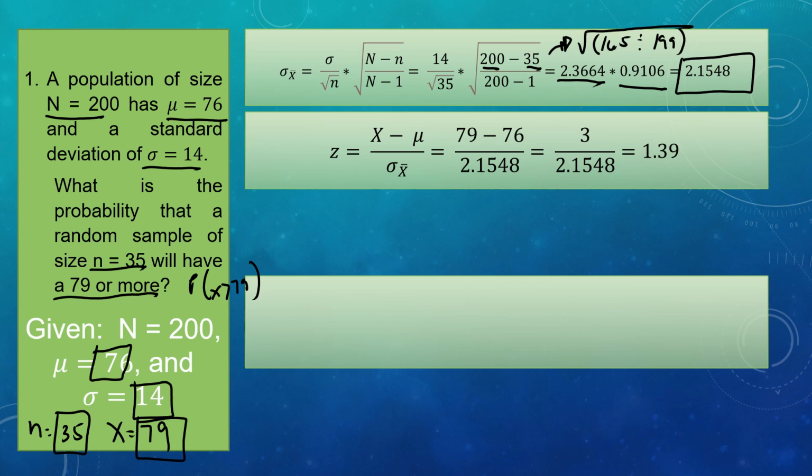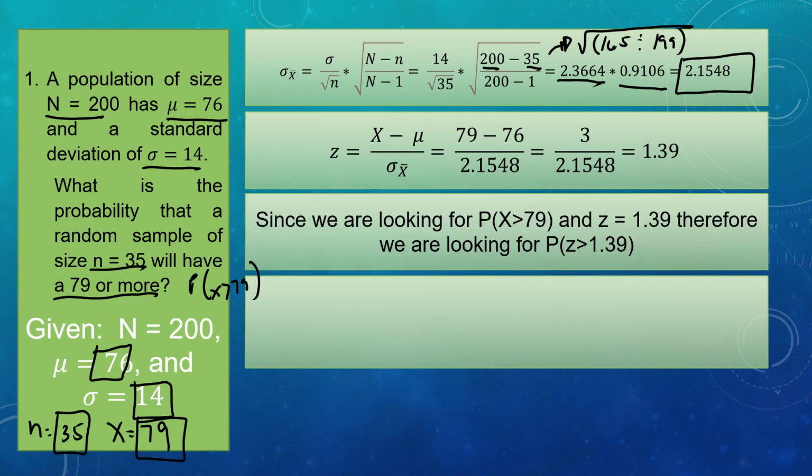Now, 79 minus 76 is 3, divided by 2.1548, and the answer is 1.39. Why is this not in 4 decimal places? Since step 2 refers to the z value, we need to round it to 2 decimal places.